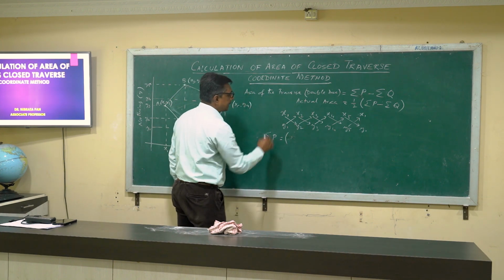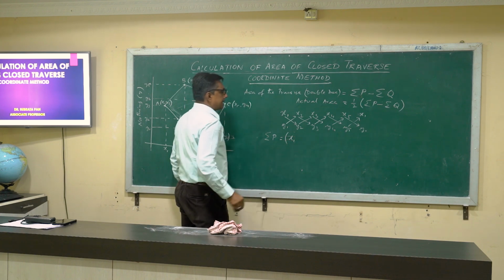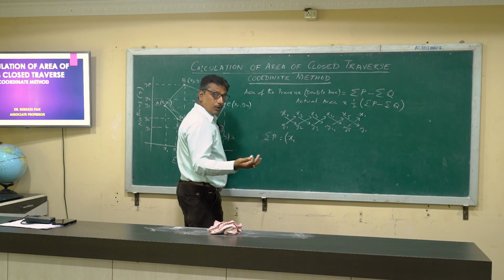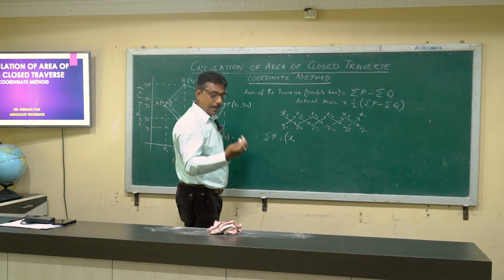Summation p is, according to my last notation, the sum of all the cross multiplied values between x and y.